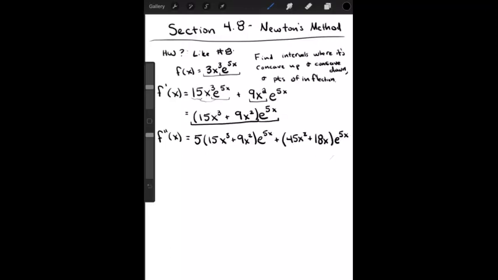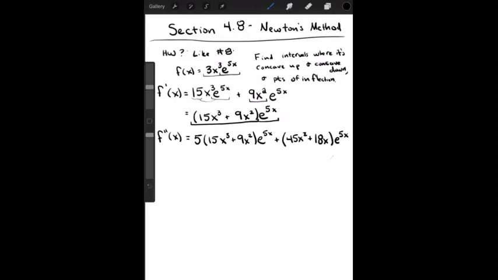How do we find critical points? We find critical points by setting the derivative equal to 0.